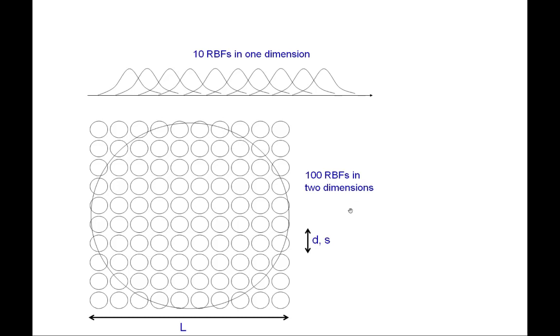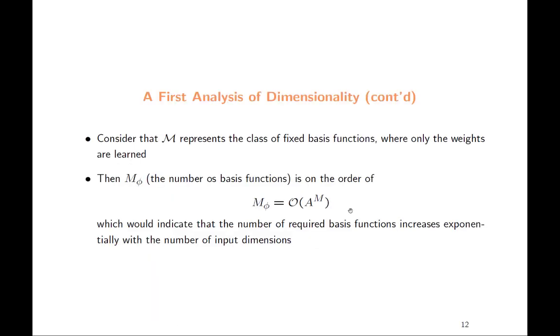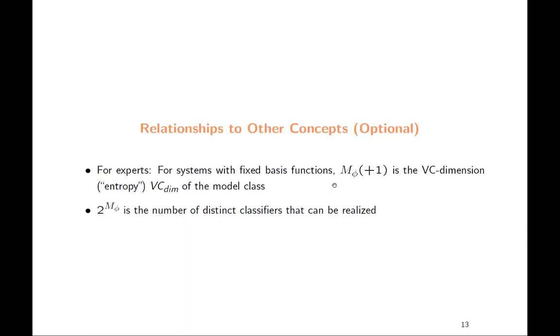This was a picture we already looked at. Typically we use this order notation because there are maybe a lot of constants in front we don't want to care about right now. So the first analysis would tell us the number of basis functions we need is on the order of the number of basis functions per dimension to the power of the dimension, because we have this exponential increase.